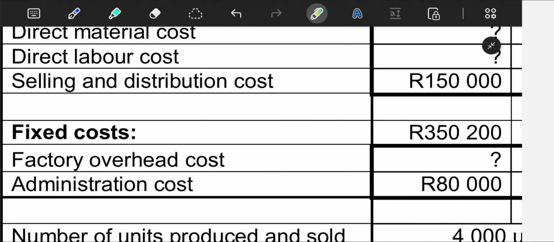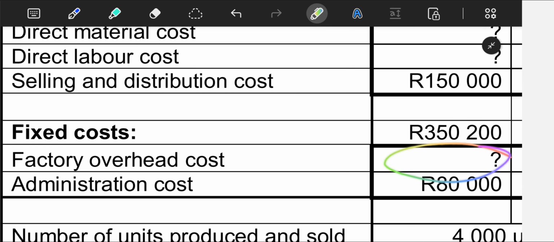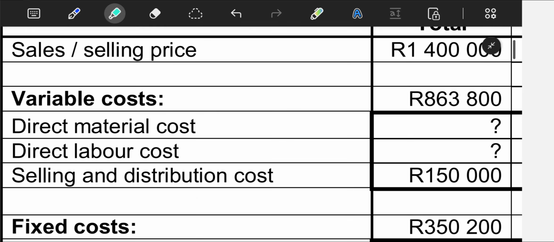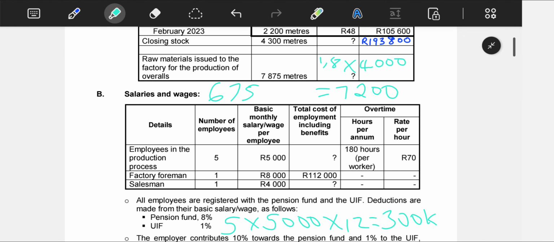You have your admin, which is 80, and then your factory overheads, you don't know. But when you add this together, they give you 350. So it's much simple. You're just going to say 350,200 minus 80,000. And then you get your 270,200. Right. Let's take it up there. And then we take it up there.